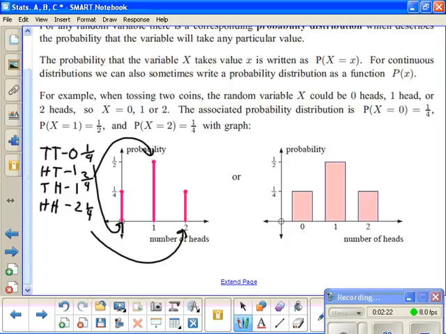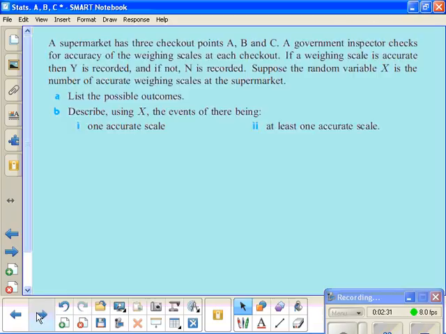Same thing with the next one. It's just another example, except that's a column graph showing that. Discrete random variables: being able to count the outcomes. So here, a supermarket checkout has 3 points, A, B, and C. The government inspector checks the accuracy, and so on. List the possible outcomes. They could be no, no, no, not accurate. Or it could be yes, no, no; no, yes, no; no, no, yes.